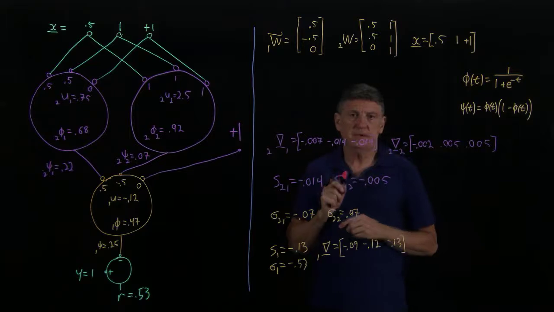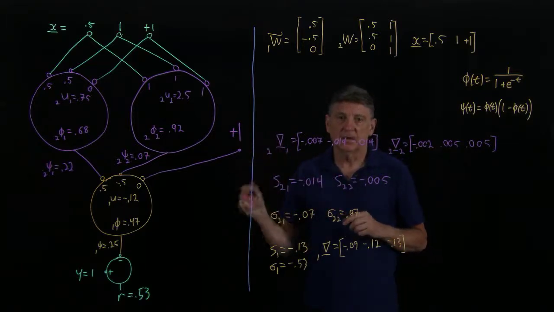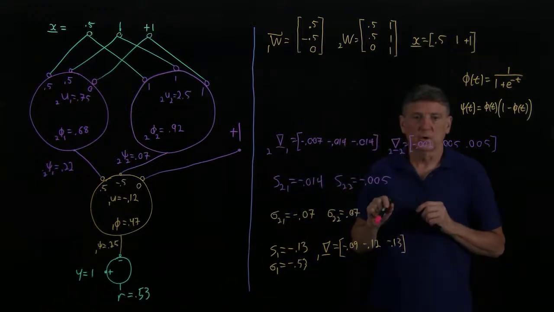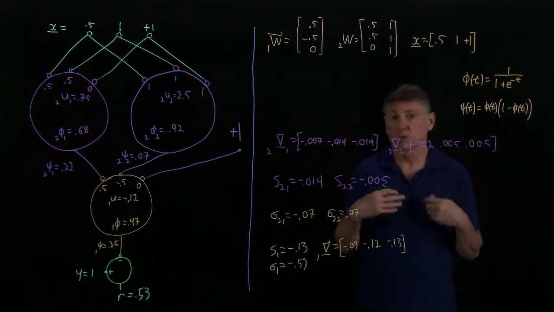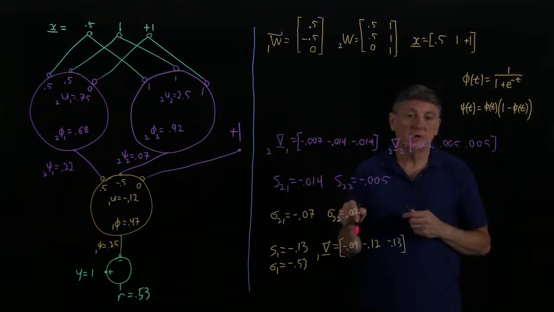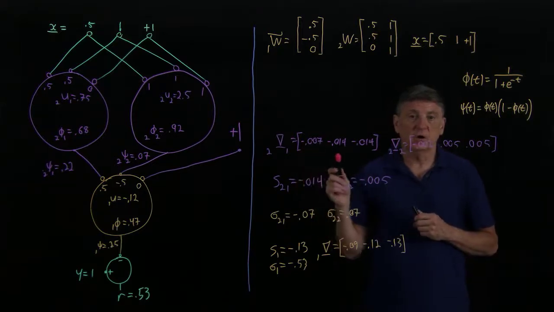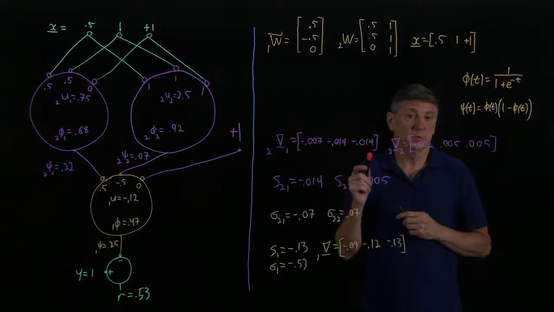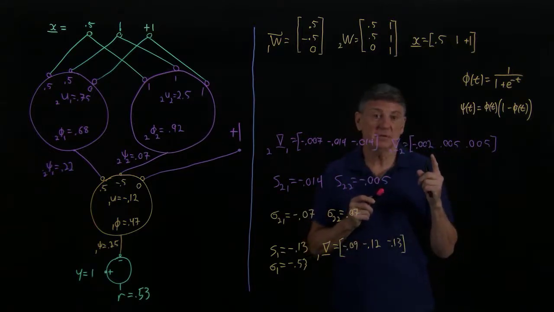So let's make a quick observation here, that the gradient for layer 1 is on the order of 0.1. So I don't know what learning rate the user will want us to have, but the gradients will be on the order of 0.1. These gradients are on the order of 0.01, and maybe, depending on how you want to read it, maybe even smaller.